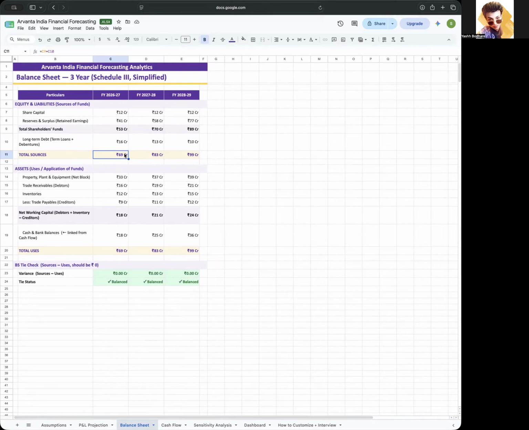Perfect. Now let's move to the asset side. Property, plant, and equipment, often called PPE. What is PPE? Property, plant, and equipment.